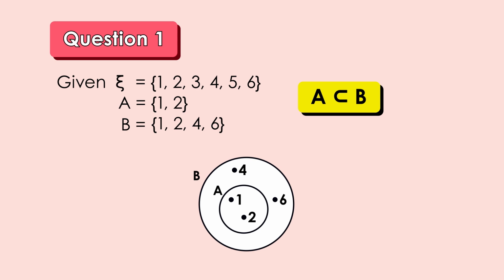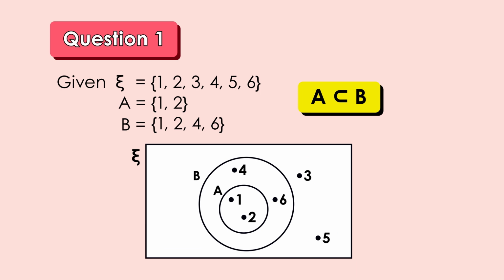The elements 3 and 5 in the universal set are not part of set A and set B. Therefore, these elements are written outside of circle B, but within the rectangle.